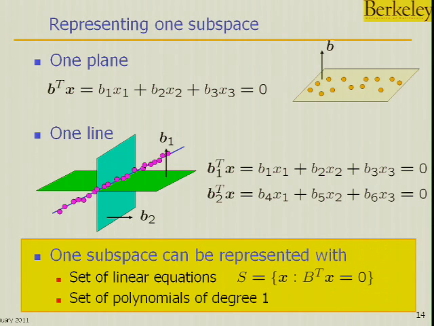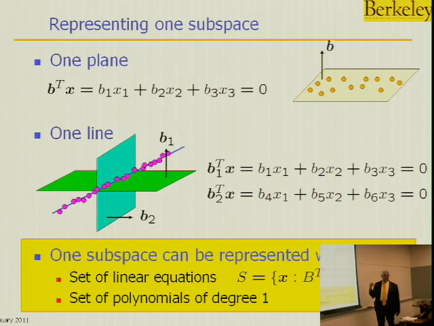So how do you parameterize a plane? When you talk about a hyperplane in a capital D dimensional space, a hyperplane means one dimension lower than the dimension of the ambient space. That's capital D minus 1. When that happens, the way you parameterize a hyperplane is by the normal vector.